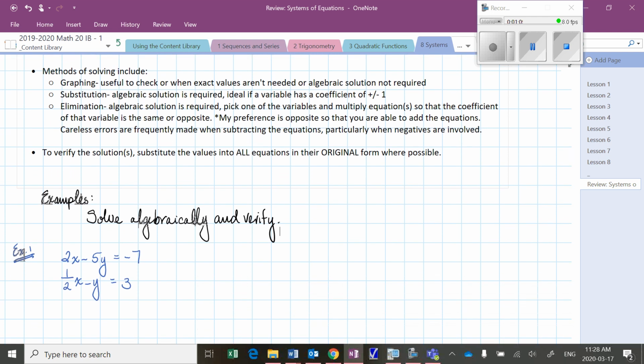Other options include substitution and elimination, which are two methods where algebraic solutions are required. And sometimes students ask me, oh, well, if algebraic is going to work for both, do I need to know both methods? And the answer, of course, is yes. It's that idea of efficiency.